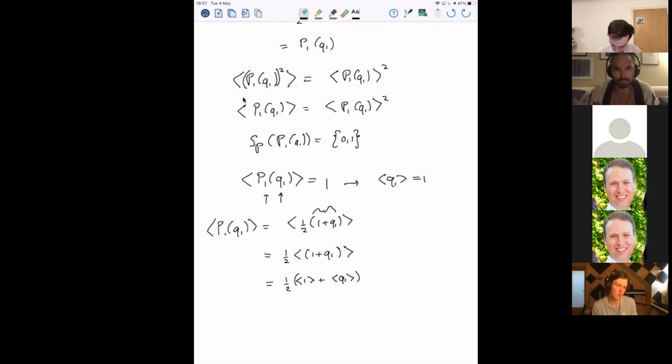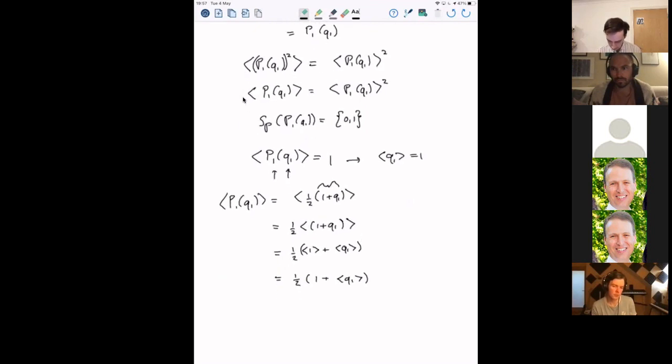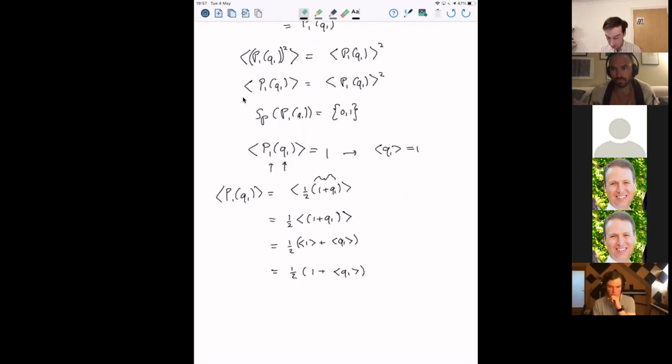And we know that the expectation value of the unit observable 1 is just 1. Now, in the case in which P1 has expectation value 1, the left-hand side must be equal to 1, and the right-hand side is equal to this expression. And with a bit of mathematics, it then follows that Q1 is sharp with value 1. So this is just some simple rewriting.